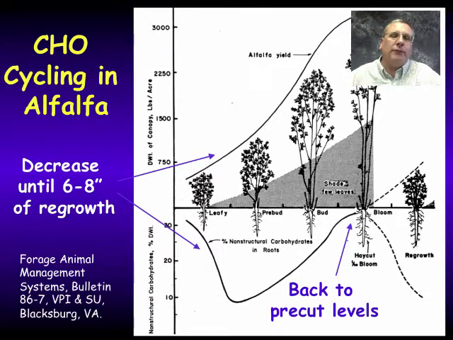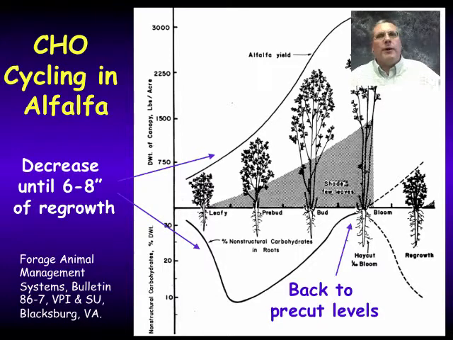So if you'll notice, we have a defoliation event taking place, and then that plant starts to regrow. As that plant starts to regrow, the concentration of non-structural carbohydrates in the plant, in the taproot, goes down dramatically, and that's represented by that line on the bottom of the graph. And that keeps decreasing until we get about 6 to 8 inches of regrowth on that plant.